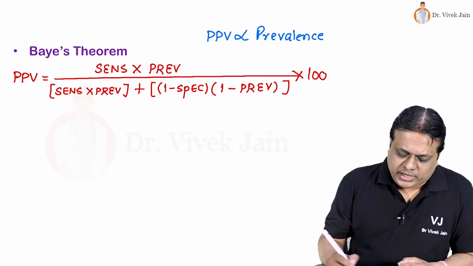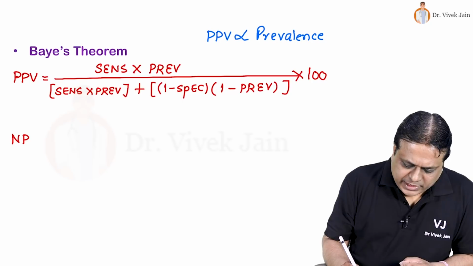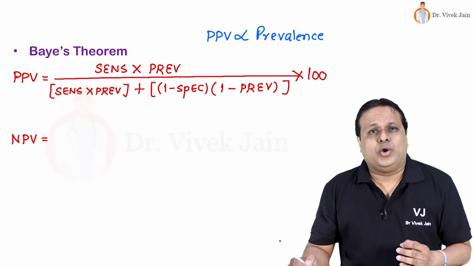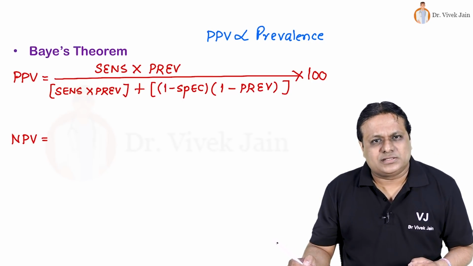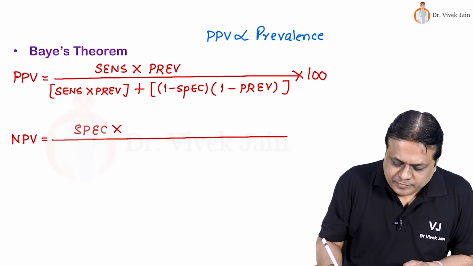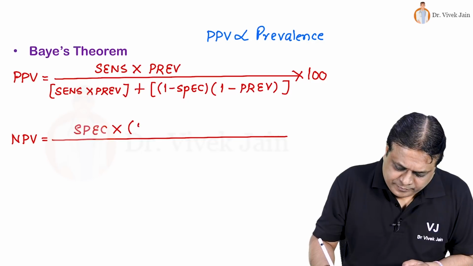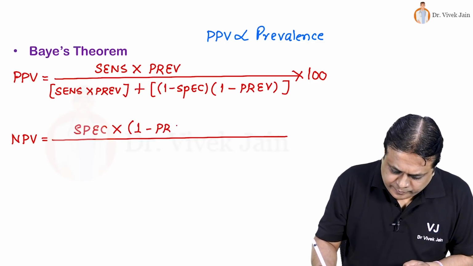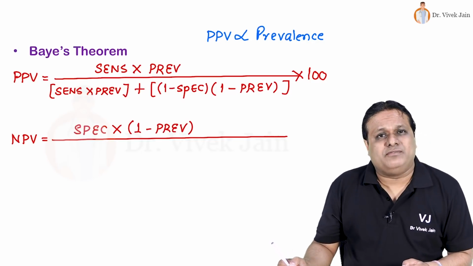Similarly, when we look at NPV, negative predictive value, how is it related to these three parameters? Its formula is: numerator is specificity multiplied by 1 minus prevalence.